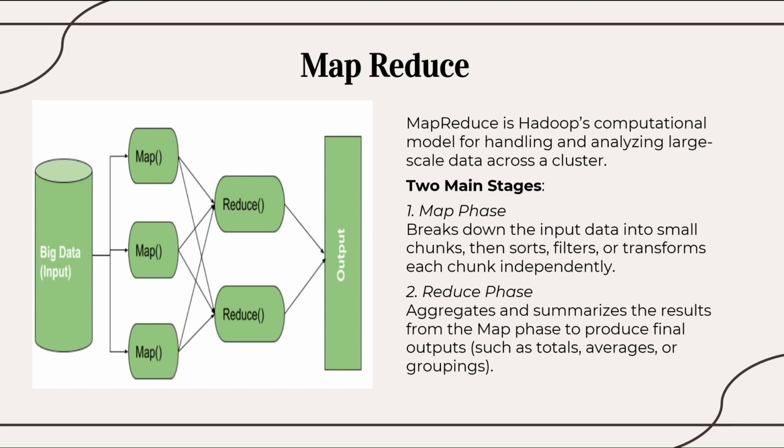Next comes the reduce phase. It aggregates and summarizes the results from the map phase to produce final outputs. For example, in a word count problem, the map phase counts words in small files, and the reduce phase adds them up to get the total count. This parallel processing makes Hadoop extremely efficient with large data sets.